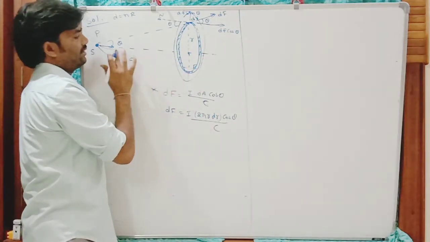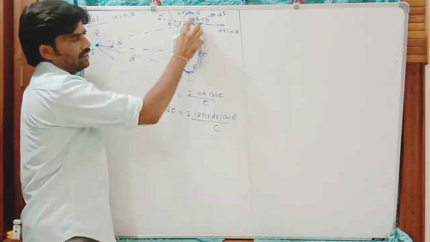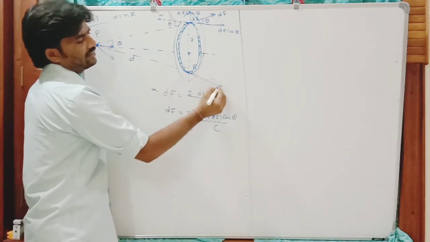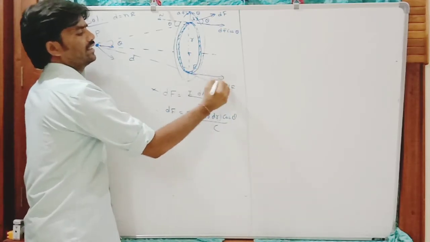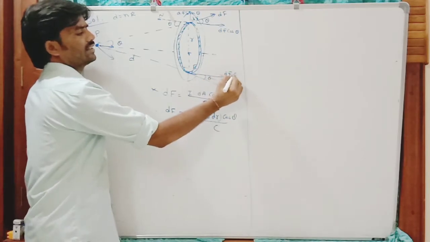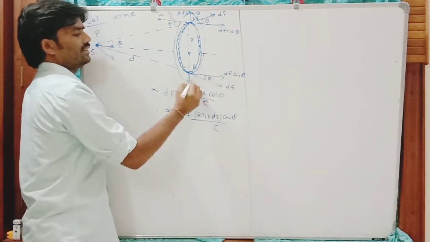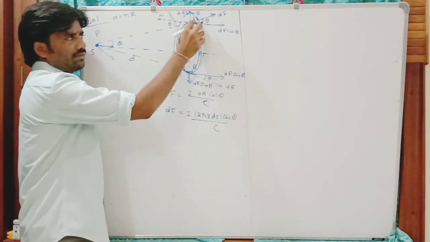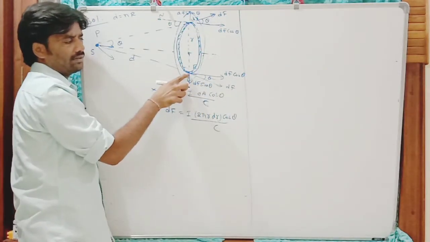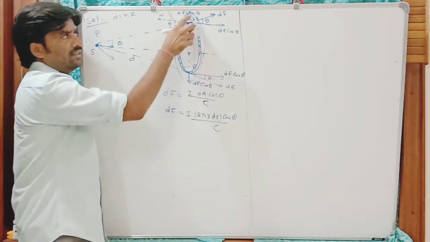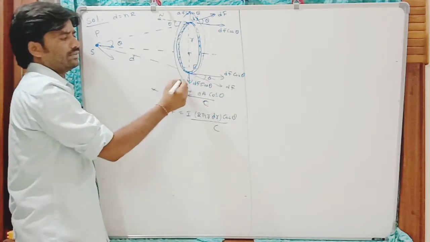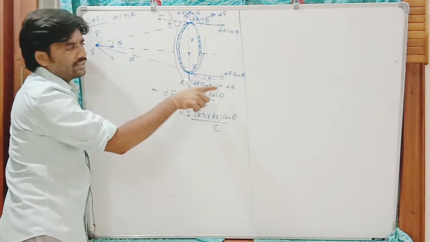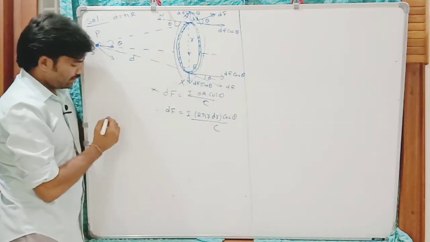Similarly, at this other edge, dF is like this, and in this direction its component is dF cos theta, and in this direction dF sin theta. You can see for every part of this ring there is a symmetric part for which the dF sin theta components are in the opposite direction, so they cancel each other, and the net force on this disc is due to only the cos components.